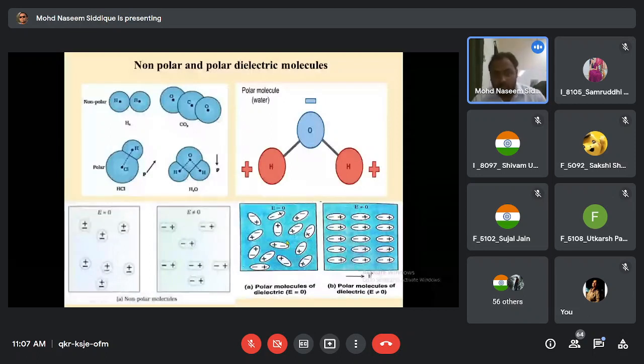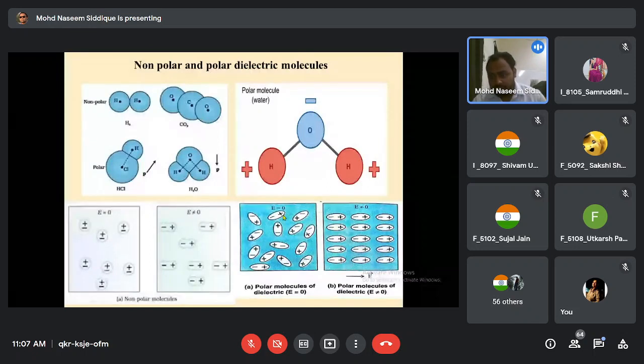Now come to the polar dielectric material. A polar dielectric material shows a permanent dipole moment even in the absence of the electric field. But we always get a minimal dipole moment, hence we can ignore the induced dipole moment provided by such polar dielectric materials.